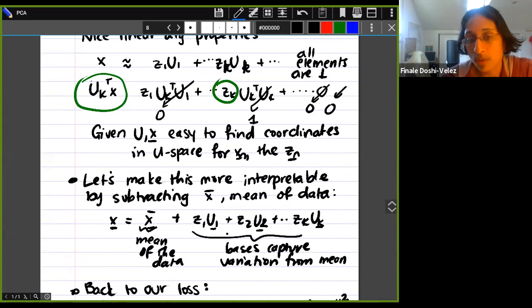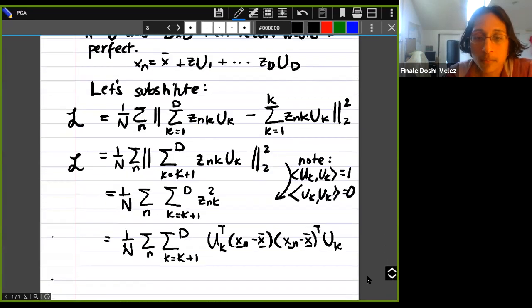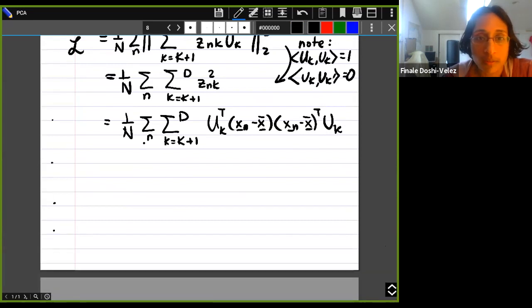So we're really producing this basis for x minus x bar. So these two facts together are the two facts that we're combining to make this substitution over here: that the squared coordinate is just equal to the projection onto UK of now xn minus x bar, because we decided to center around x bar. So we've just used those two properties, the property and the assumption that we derived earlier, and we get this expression.